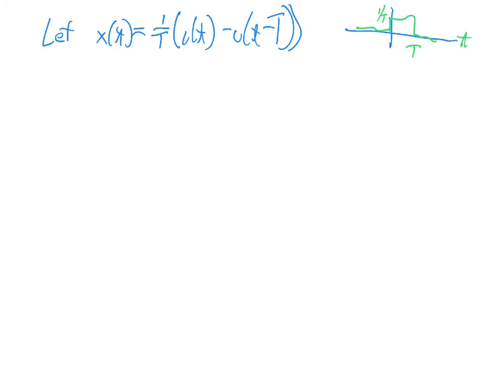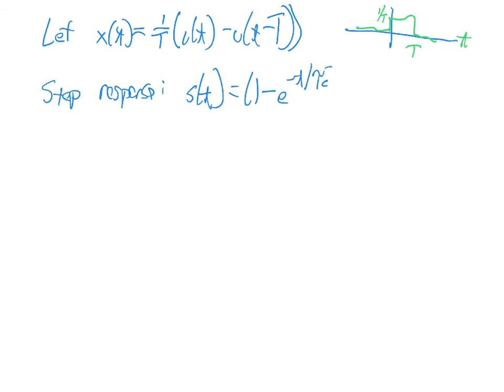On the previous slide, we showed that the output for a step, the step response, is equal to 1 minus e to the minus t over tau c, but it's only non-zero for positive values of t. So that's the step response.